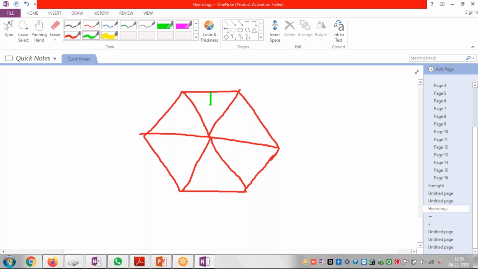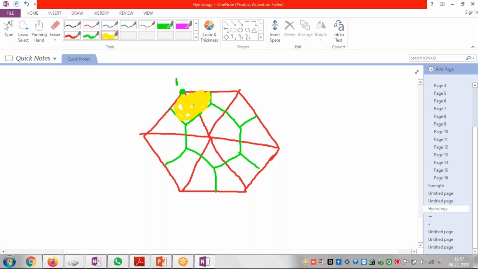And we know that whatever rainfall is occurring at this station, suppose this is one station, that rainfall represents the rainfall of this area.